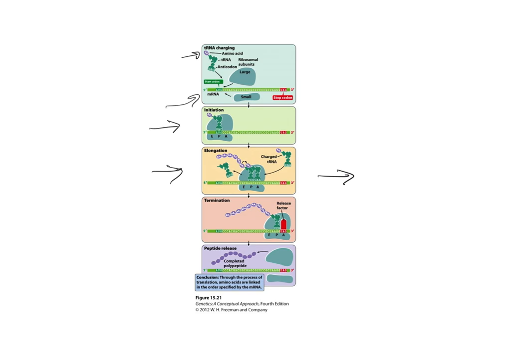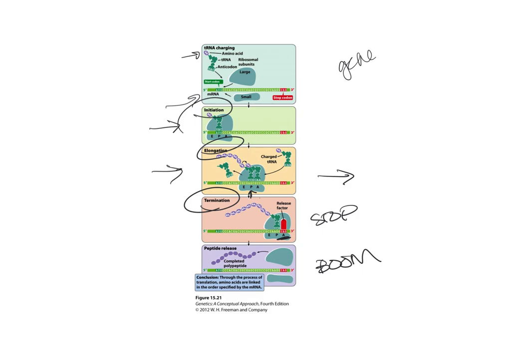Somebody goes into the exit site, he leaves. The one with the existing polypeptide is in the P site, and then the A site's empty, a new one comes in, blah, blah, blah, until the A site has a stop. That's termination. And then the peptide is released and everything blows apart. Boom. Okay, so this is generic. Could go for either prokaryotes or eukaryotes.